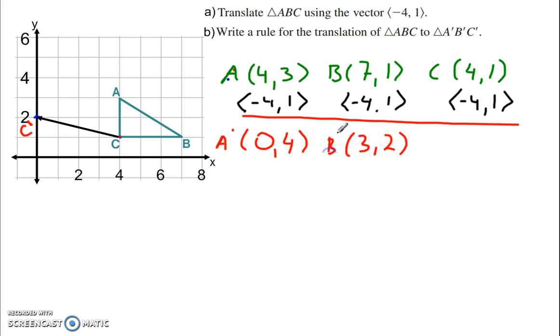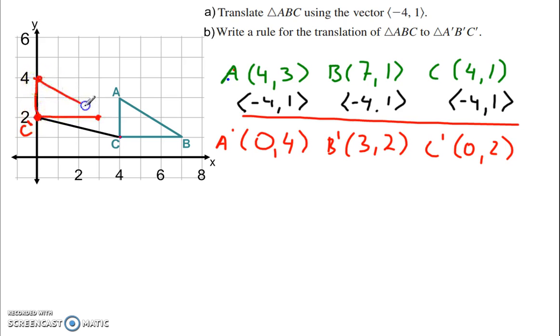That's B prime. And then C prime. 4 minus 4 is 0. 1 and 1 gives me 2. So those are my new coordinates. I already have that 0 and 2 coordinate. A is 0 and 4. And B is 3 and 2. So there's my new triangle.